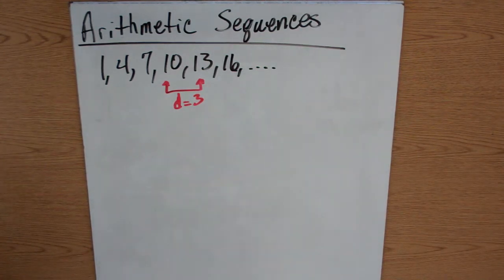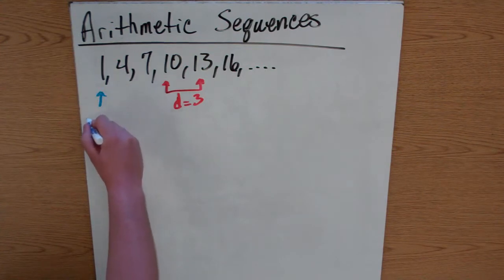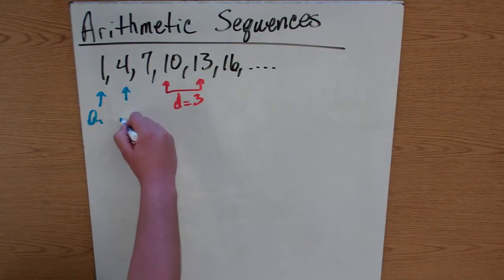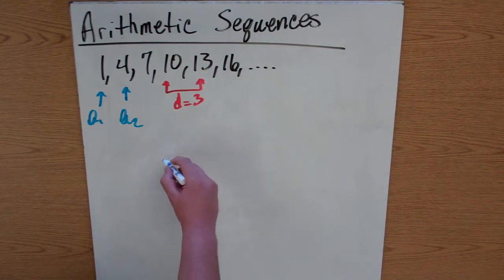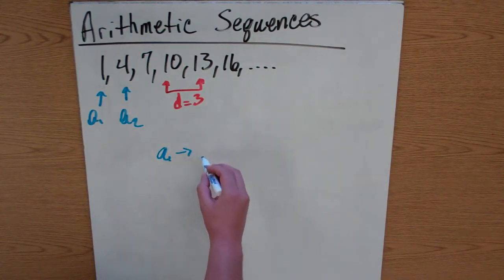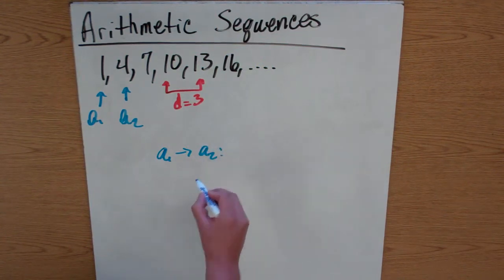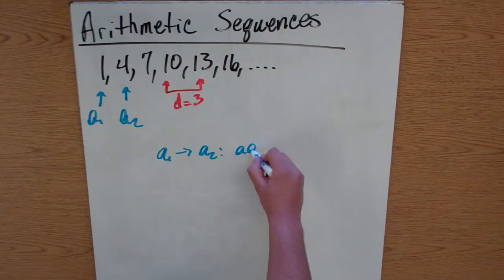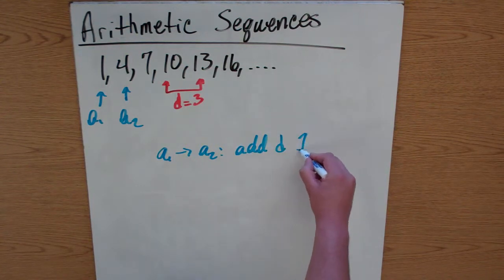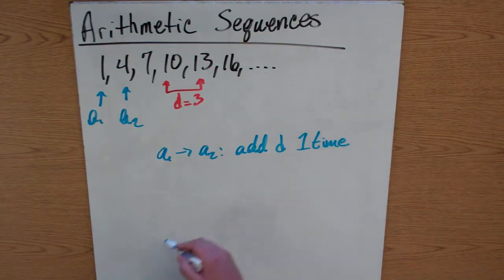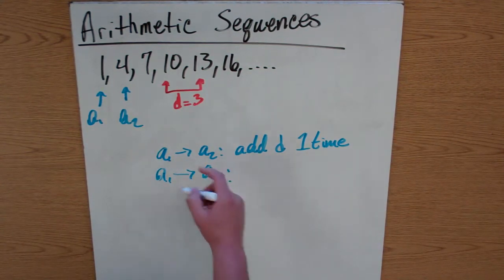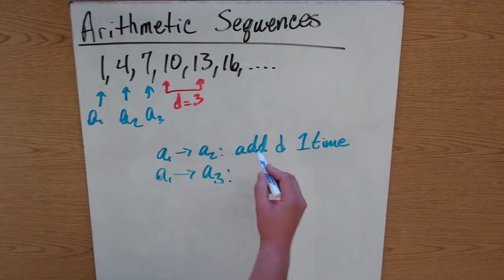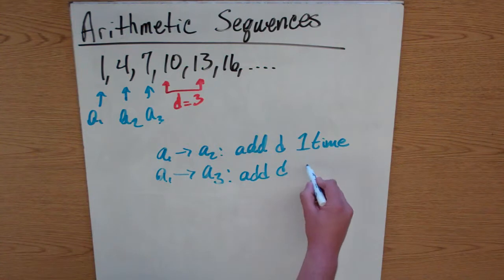Now, in our arithmetic sequence, the first term is a sub 1, the second term a sub 2, and so on. If you notice, to get from a sub 1 to a sub 2, we added D one time. To get from A1 to A3, we had to add D 2 times.